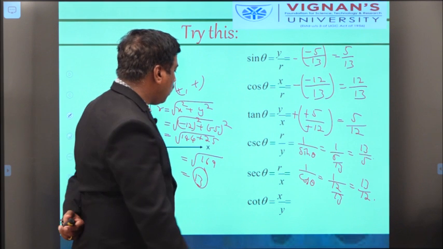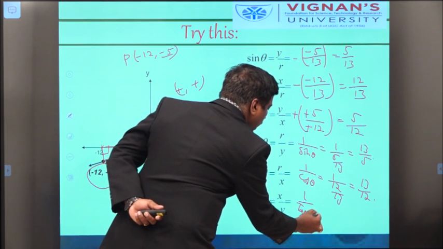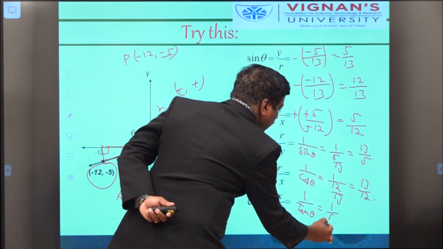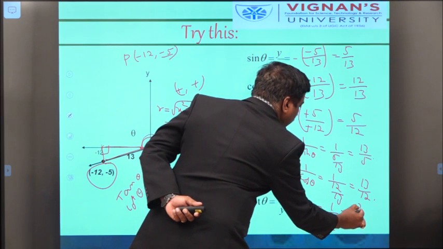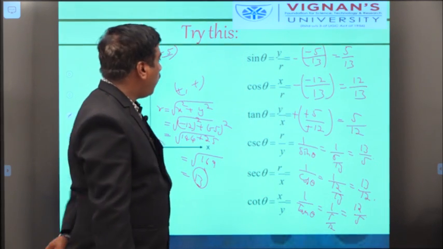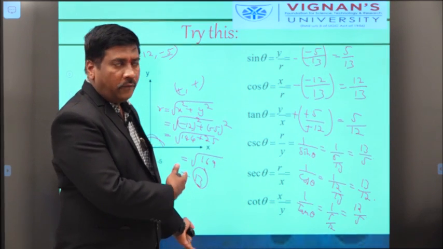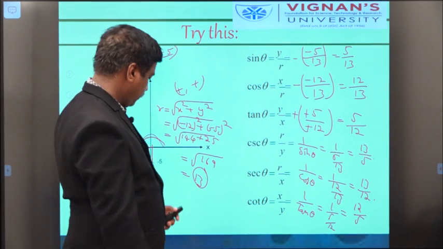And cot theta equals 1 by tan theta, 1 by 5 by 12, which equals 12 by 5. Likewise, evaluate all the trigonometric ratios from the given conditions.